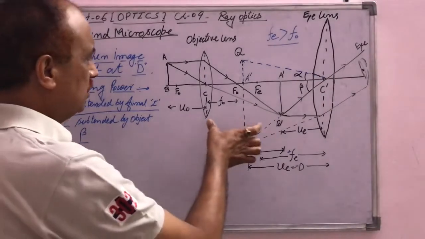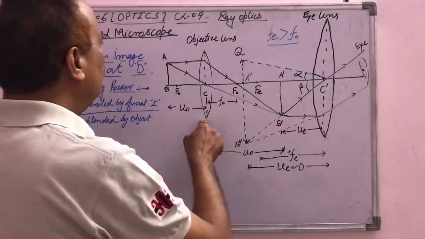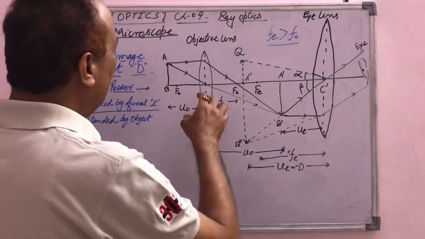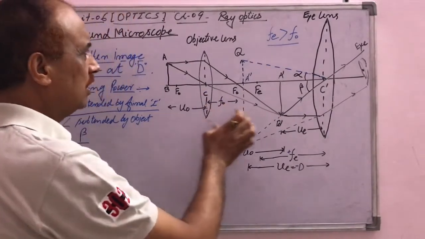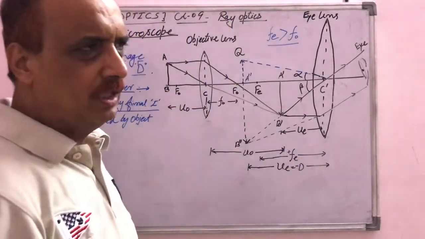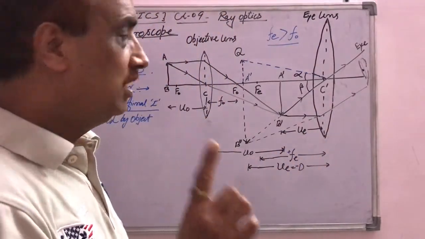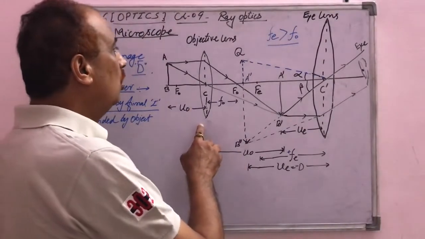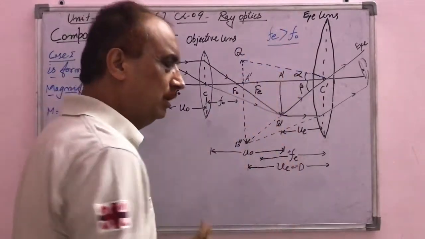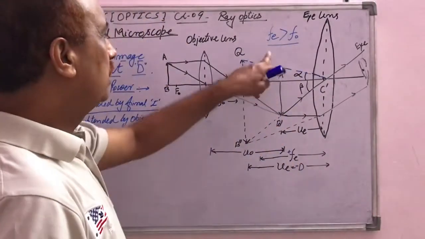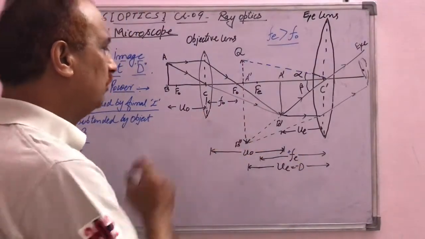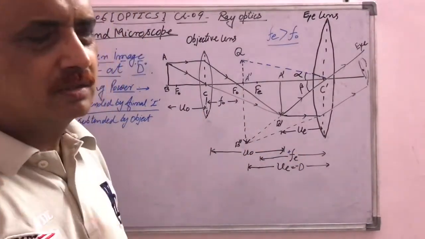The objective lens has a short focal length and small aperture. Similarly, the eye lens also has a short focal length but a large aperture. But the focal length of the eye lens is greater than the focal length of the objective lens. So FE is greater than FO. So these two types of lenses are used in the compound microscope.